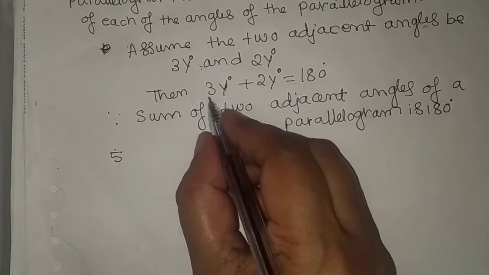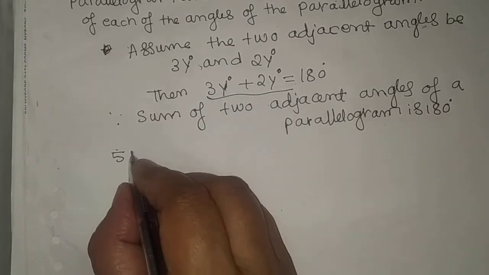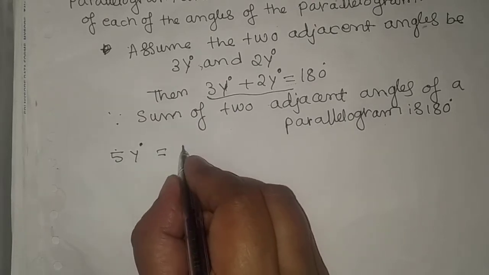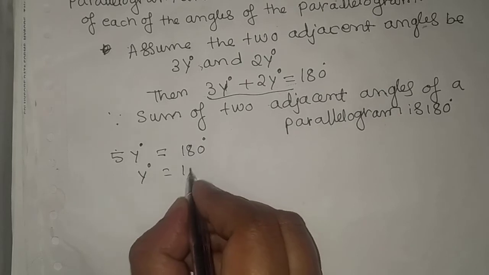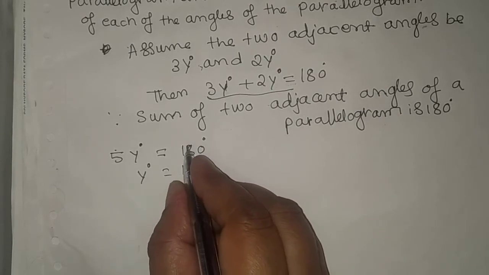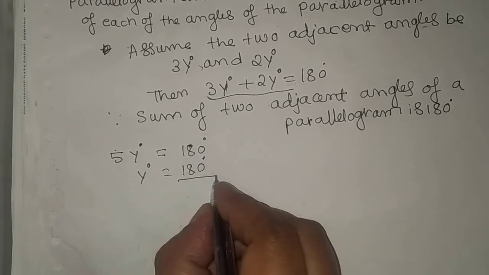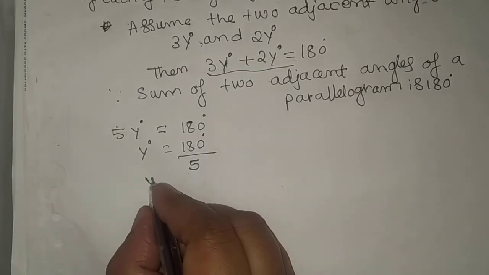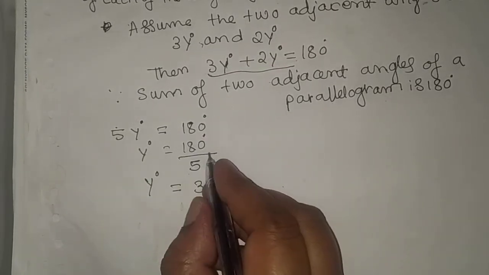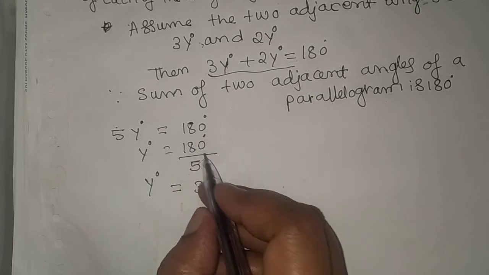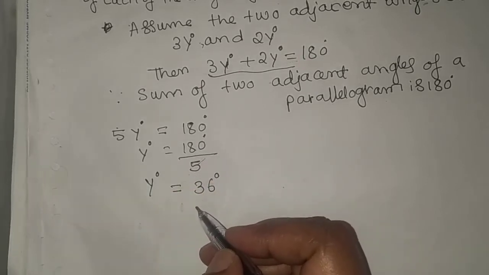After adding these two, we get 5y degrees is equal to 180. So y is equal to 180 degrees by 5. Therefore y is equal to 36 degrees.